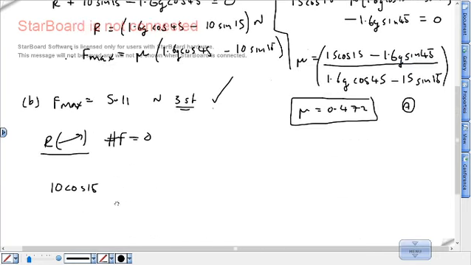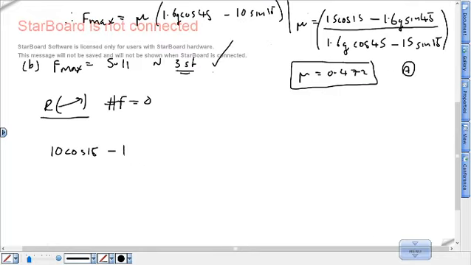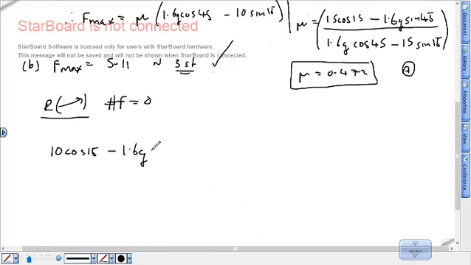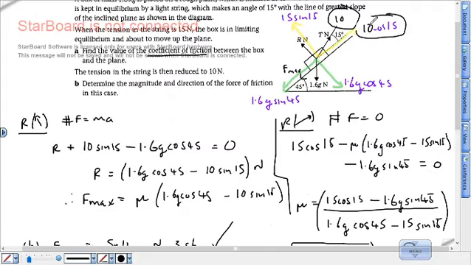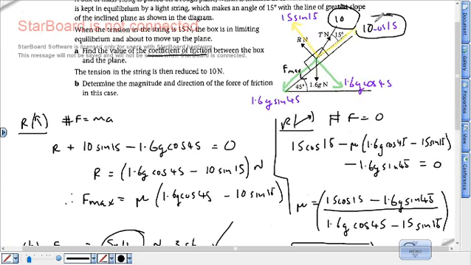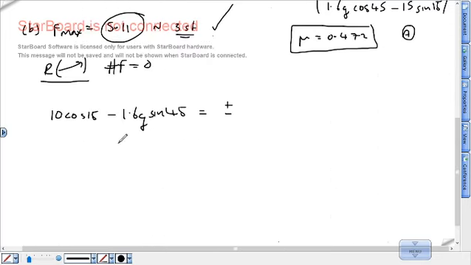Forget about F max. So take away the weight component, which is 1.6 g, and it is sin 45. We need to know what that equals. Is it positive or negative? If it's positive, it means there's an excess force there, and the friction max will have to be within that range to make sure that it doesn't move upwards. Or if it's wanting to pull it down, then F max will be acting upwards. So it is the result of this that we need to look at.